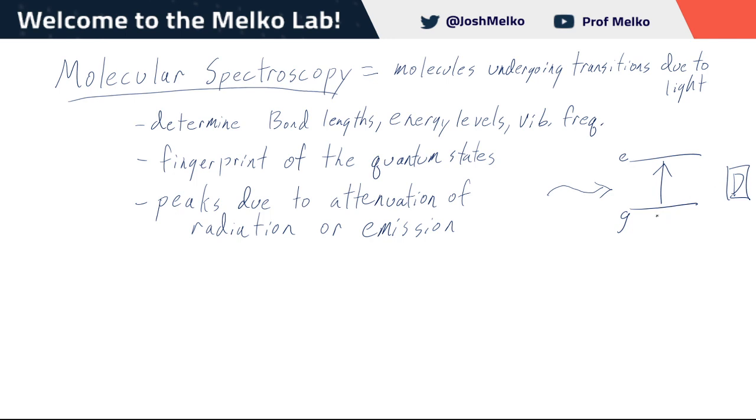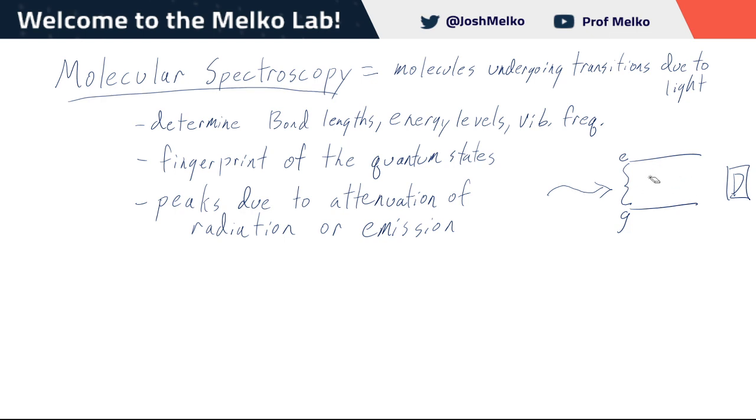It has been attenuated because some of it got absorbed. And so in, say, UV-Vis spectroscopy, you're looking at the change in the transmission of this light as a function of the wavelength. And only when the wavelength, of course, matches this energy gap do you cause this transition. Okay? So if it's an attenuation of radiation, it's like this.